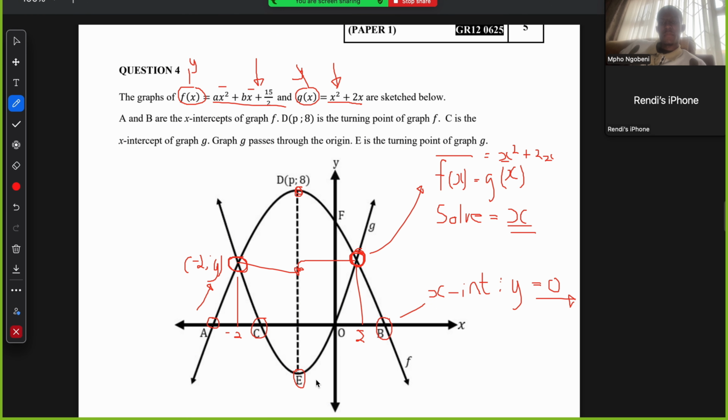Should I tell you the formula? Y equals a bracket x plus p bracket squared plus q.